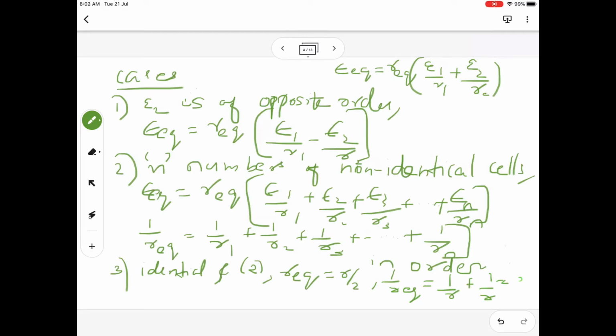How? 1 by R equivalent is 1 by R plus 1 by R, which is 2 by R. From that R equivalent is R by 2. So this is for two identical cells in parallel: R equivalent is R by 2.